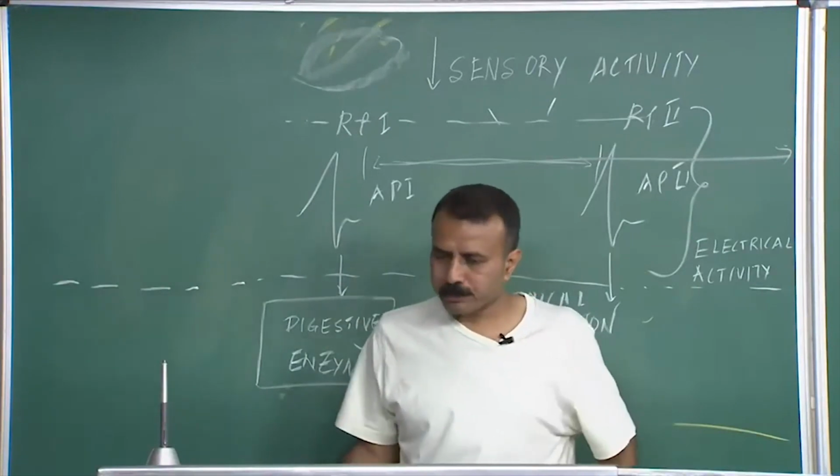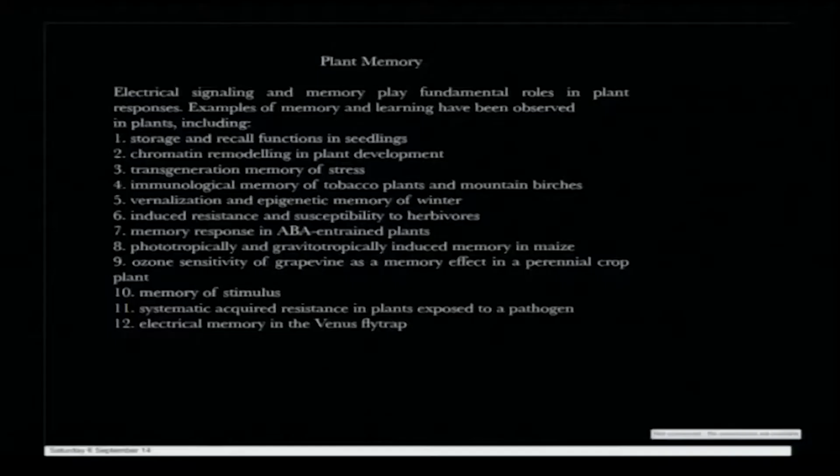Okay. Now, if we look at the different plant memories we have today in the world, electrical signaling and memory play a fundamental role in plant responses. The foremost one is the storage and recall function in the seedlings when the seed germinates. This is a classic example of a certain degree of memory; it remembers.